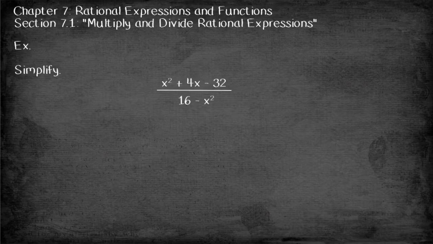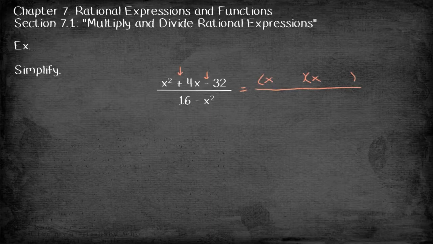Another example, okay, this one has x's in it, that's good. So to simplify this rational expression, we're going to start by factoring, which we're starting to get pretty good at. So upstairs, let's see, I have a negative here, which means the signs are different, and a positive here.